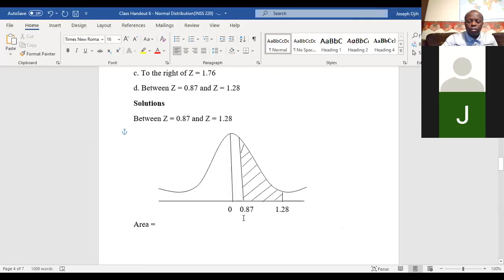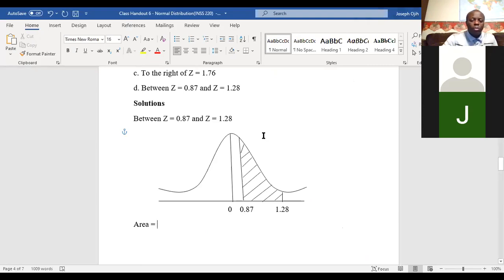Now, next one is to find 0.87. Now, if you're using a different type of table, like the cumulative one, you'll be following a different step, not this step. That's why I said stick with this table so that they won't get confused. If you're using a cumulative table and you follow the different steps specified for that table, you get the same answer. It's just different steps.